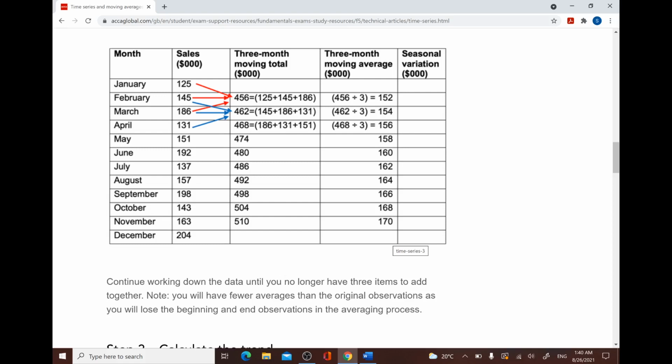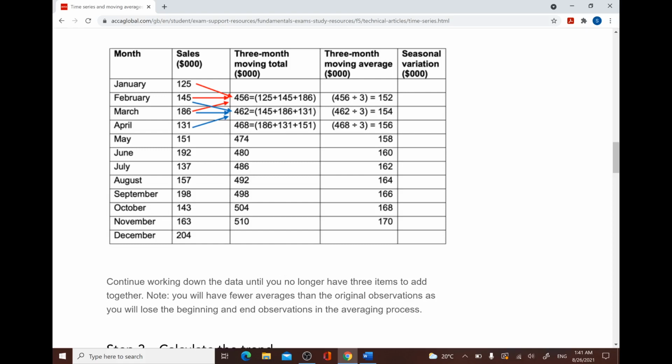Now, the trend is 152, 154, 156, 158, 160, 162, 164, and 170. And do you realize that, based on this example, it's just nice that every subsequent month has an increase of $2,000 here. So we believe that later, when you extrapolate it, the December figure will be 172, and if it's January next year, that's 174.